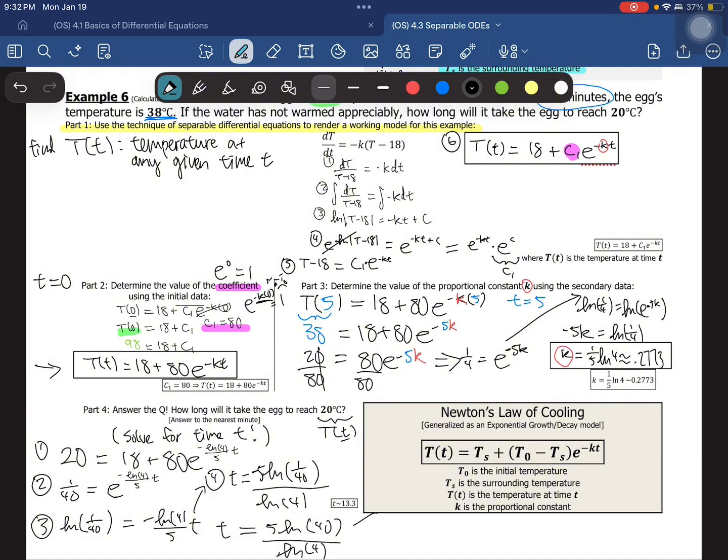Now, if you're wondering how I got 5 ln of 40 from negative 5 ln 1 over 40, it's because I just brought the negative inside, so the 1 over 40 became 40, the reciprocal, and that is ln of 40.